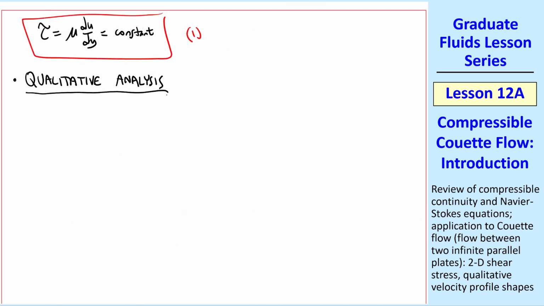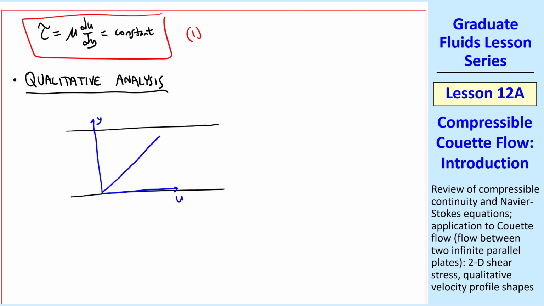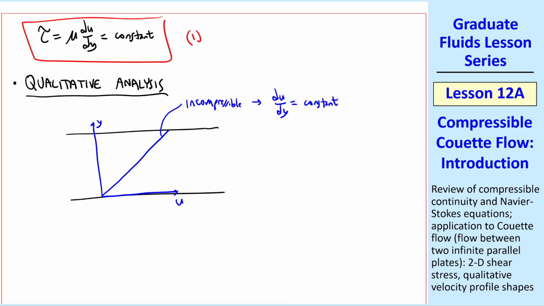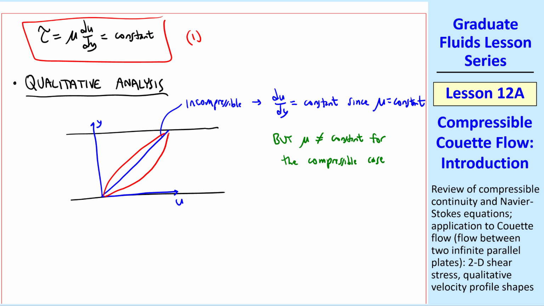And now let's do a qualitative analysis of our compressible Couette flow, in particular the velocity profile, u as a function of y. As we mentioned, in the incompressible case, the velocity profile is linear. In other words, the slope is constant, since mu is constant in this equation. But mu is not constant for the compressible case, so the velocity profile may look something like this or something like this.